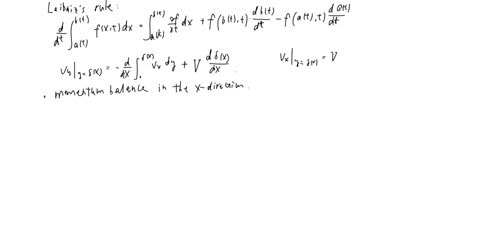So now the x momentum balance should read this way. Here you have rho Q. Now we know rho multiplied by Q is the mass flow rate, m dot. m multiplied by V is momentum.